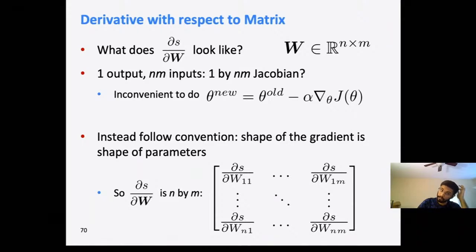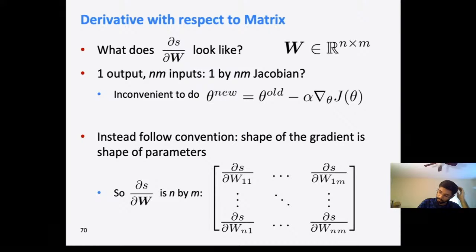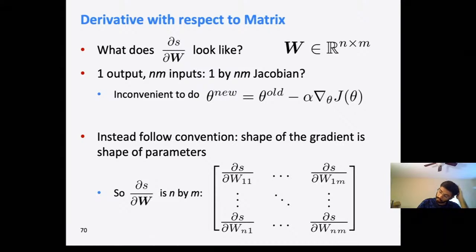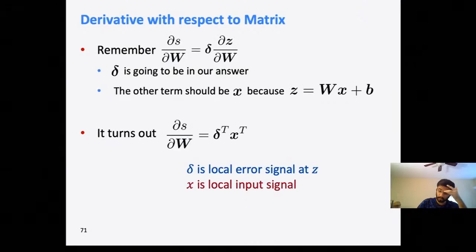There's a lot of inconsistency in how people represent it; in different fields like economics and physics, some people use a numerator convention, some use a denominator convention. We're using neither of those. We use this shape convention, so we match the shape of the input, which makes it easy to do our weight updates.